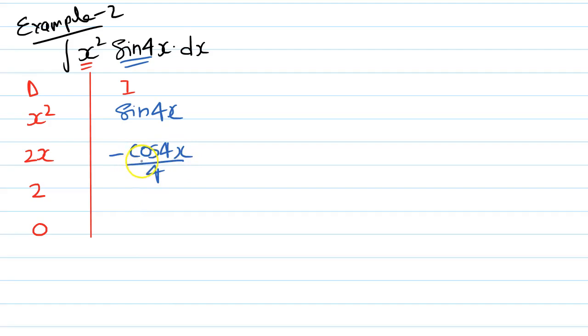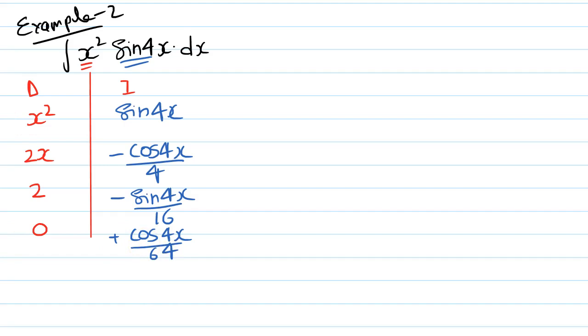Integrating again, it will be minus sine 4x divided by 16, and next it turns positive, so positive cos 4x over 64, since 16 times 4 is 64.